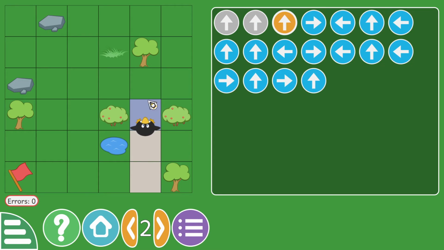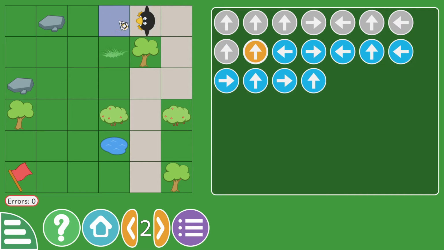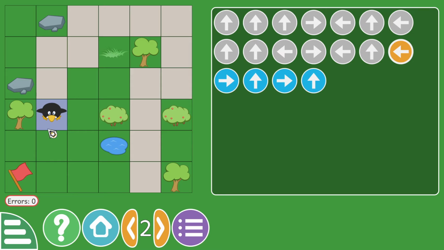So forward, forward, forward, right, left, forward, left, forward, forward, left, right, left, forward, left, right, forward, right, and straight ahead.